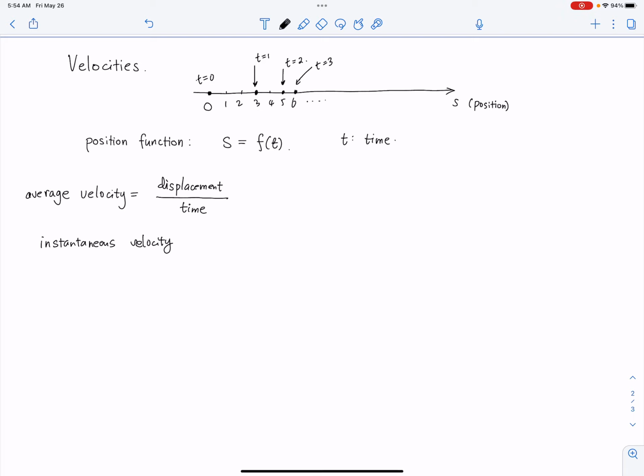This is the velocity at any time point. So this is actually the speed you read from the speedometer, right? When you drive a car, you can see at this moment you are doing 55. Maybe 10 seconds later, your speed increased to 63 or something like that. So that's the instantaneous velocity.